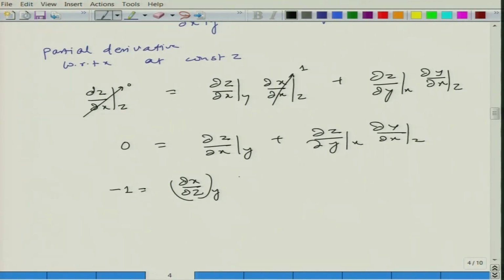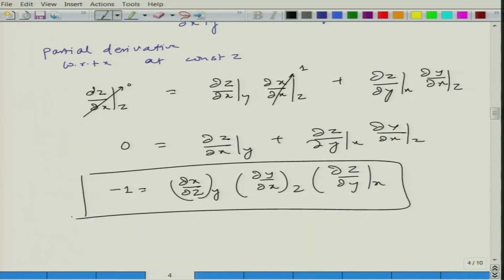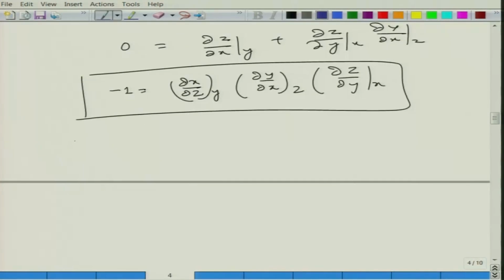So, I am going to rearrange: del y by del x at z, that I bring to the second part, and then del z by del y at x. This expression is sometimes also called the chain rule. These are very valuable expressions, and something which we can now demonstrate in our calculations.